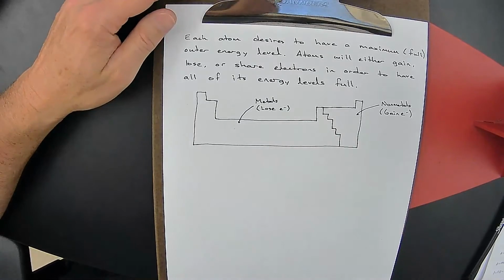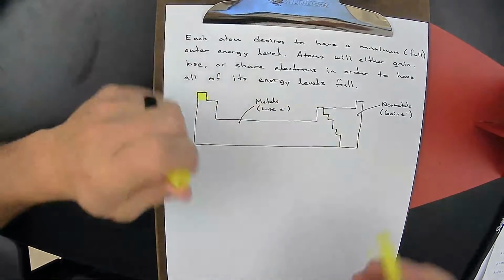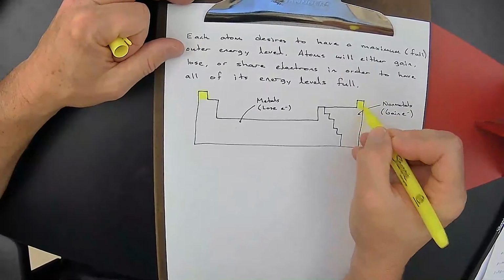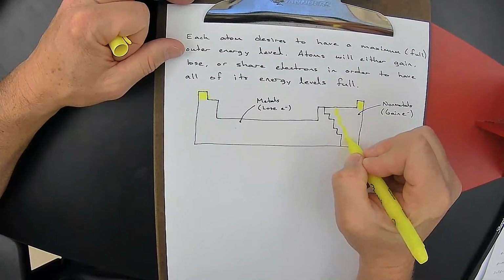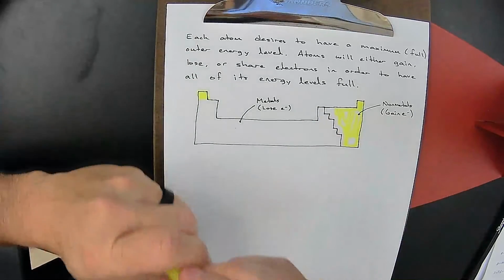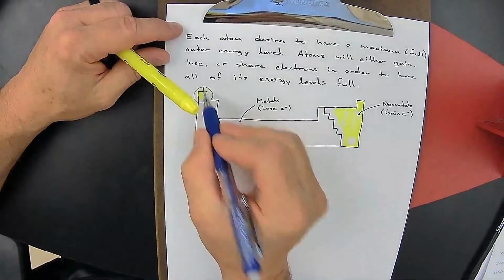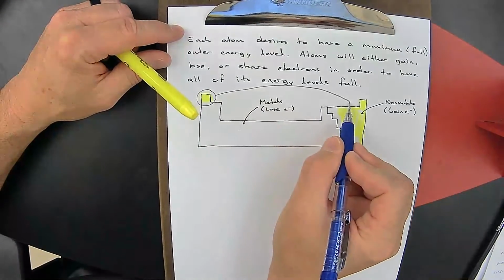We had to label hydrogen the same color as the non-metals, because it really belonged on the non-metal side.